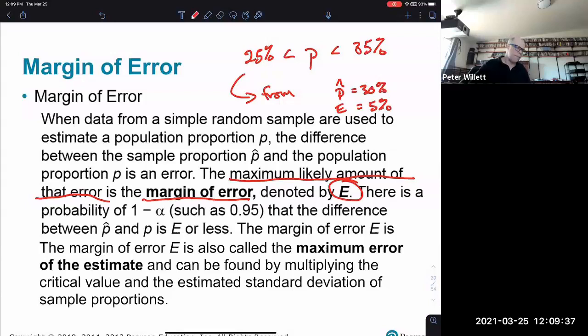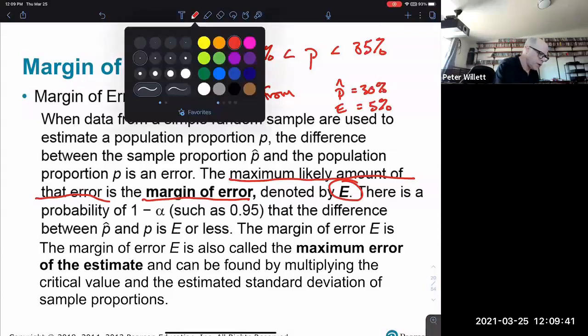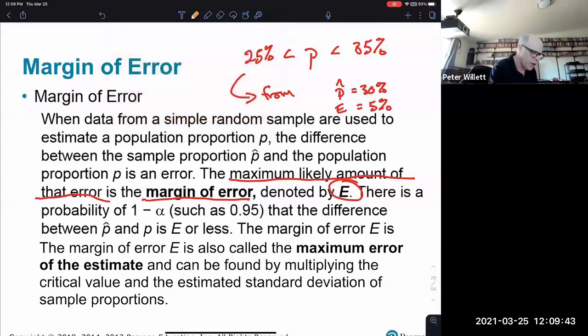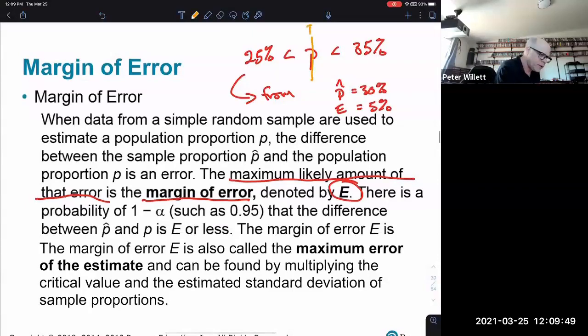And so what that means is that if you think about this confidence interval, right in the middle of the confidence interval will be p hat, and then this will be p hat plus the allowable error, and this will be p hat minus the allowable error. That's how the confidence interval is produced.